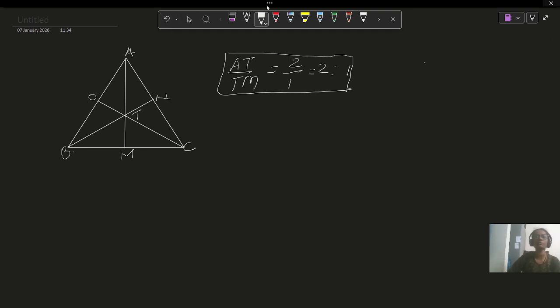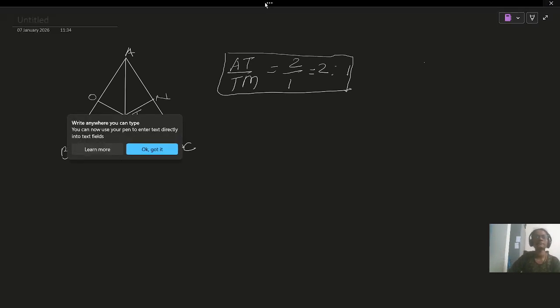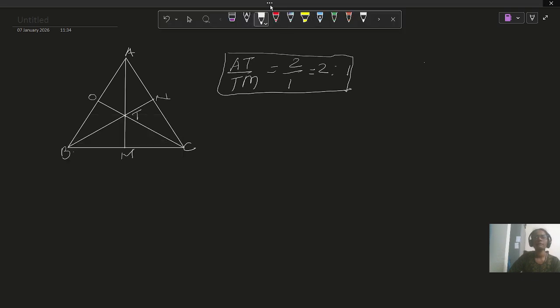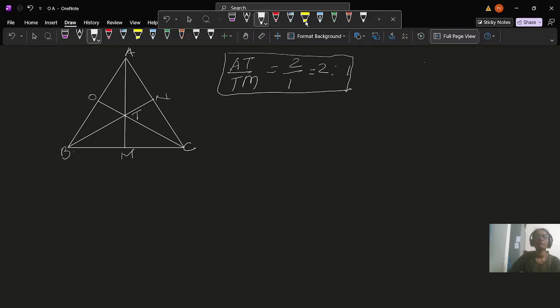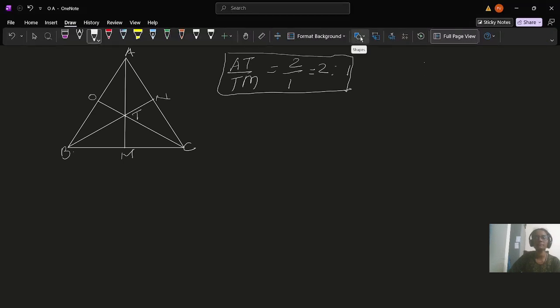Now we have to draw a line from point M extended.